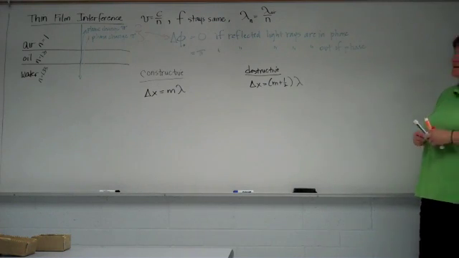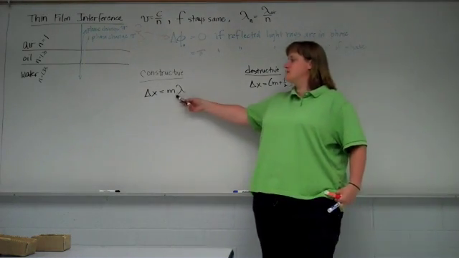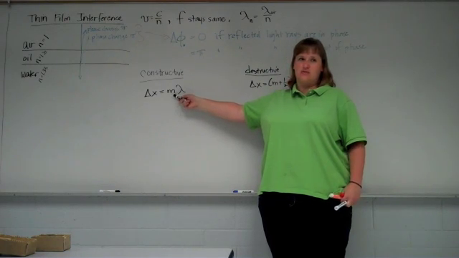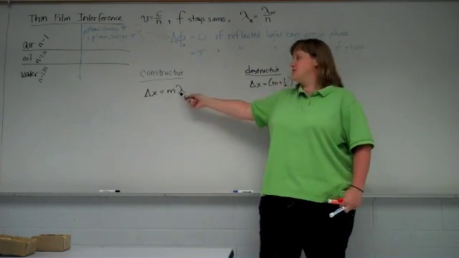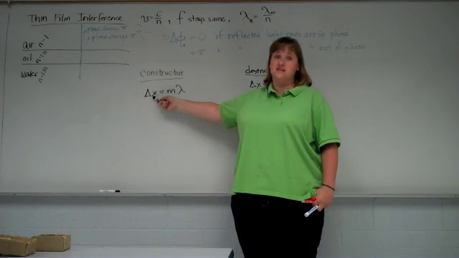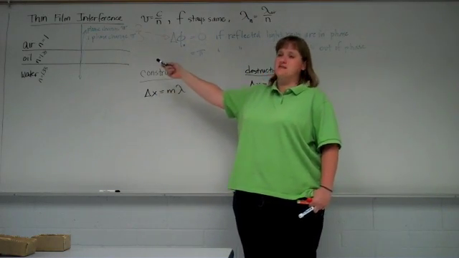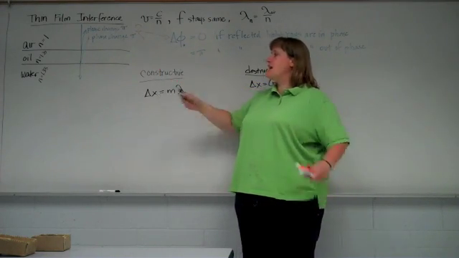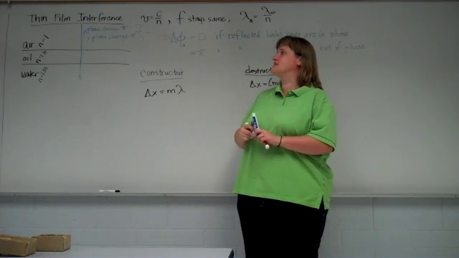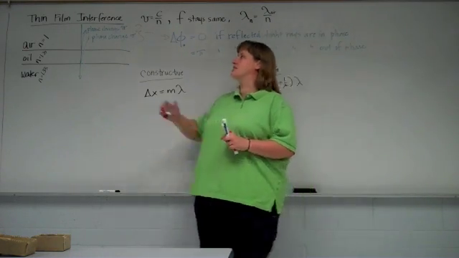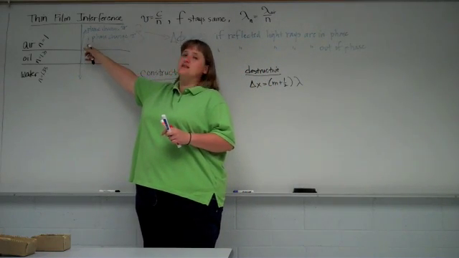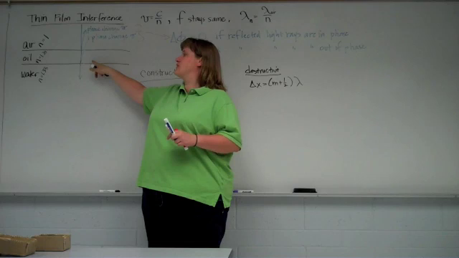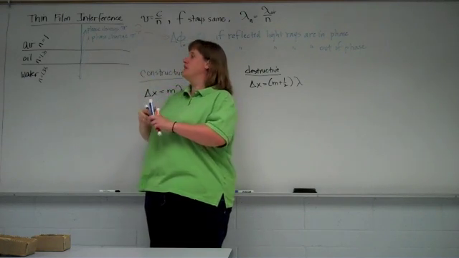Now, please keep in mind, it doesn't make sense to have m equals 0 for constructive. Because if m is 0, then that means delta x is 0, which means basically you had no thin film. Okay? Delta x is the extra distance the one wave travels versus the other. This bottom wave is traveling farther because it's coming down through this oil layer and back up.